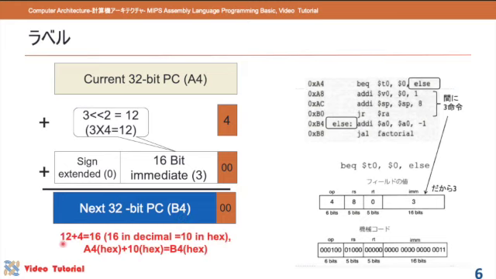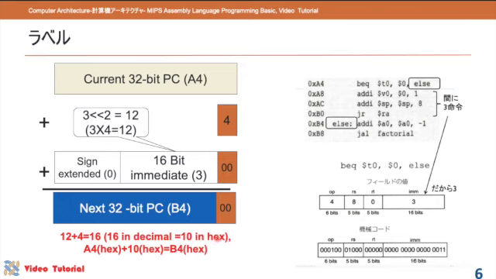So here is the example. Right now the value of the immediate is 3. After shifting 2 bits, it becomes 12, and you need to add 4, and then it's 16. 16 in decimal is equal to 10 in hex.